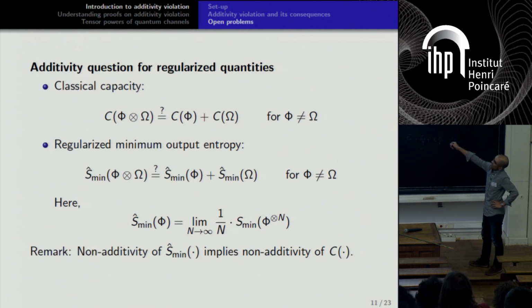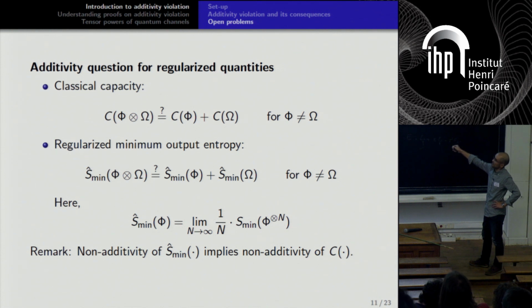And what about the regularized minimum output entropy? This is also a question about the minimum output entropy, which is close to this problem. So instead of regularizing Holevo capacity, here we regularize minimum output entropy and see if additivity is true for this quantity.